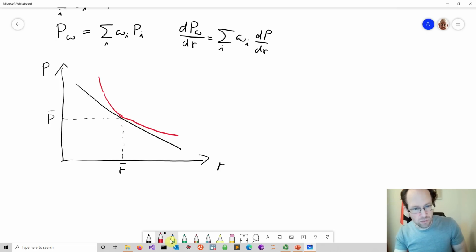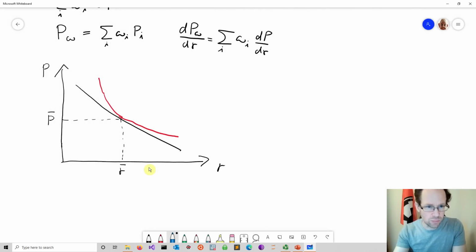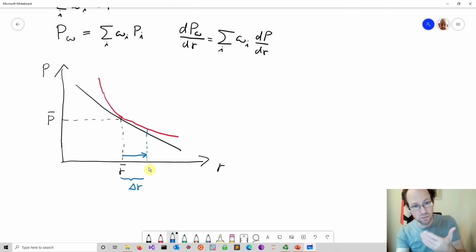Good, so if we now start modifying this relationship, so if we want to deviate from the yield and add a small amount, so put differently, if we want to move from this value of yield maybe to this value of yield, and we add here delta R to it, to a new level, this change in yield can be seen as a combination of two different effects. First of all, duration of course matters, so you would have a negative impact on price, but then you also see that because of convexity there is a small positive effect. And this combined effect would give you a more precise approximation of a price change.